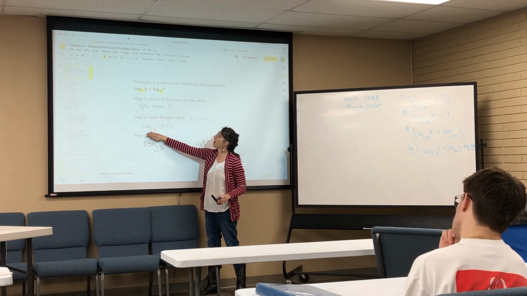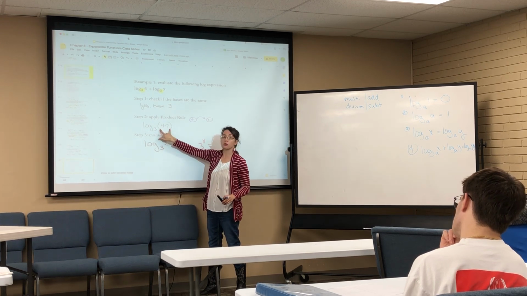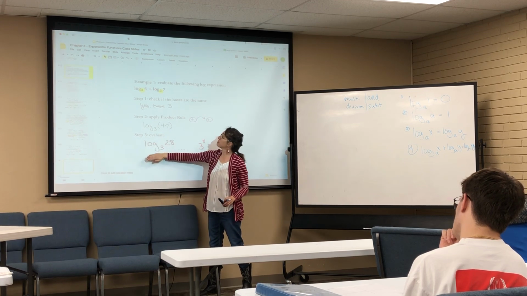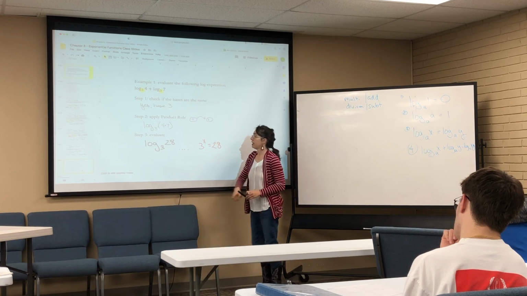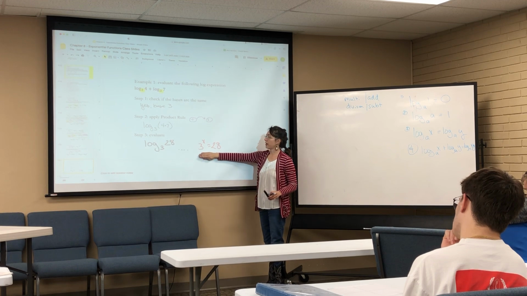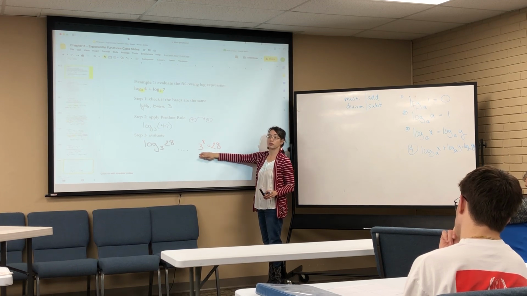But I can combine my 4 and 7 with multiplication. And so now it's 4 times 7. So we have simplified 2 logs into one that says log 3 of 28. If we use the log rule, we could rewrite it as 3 to the x equals 28 if we needed to actually solve it.